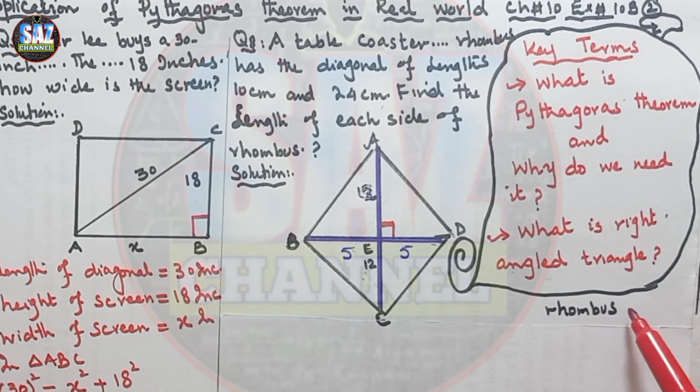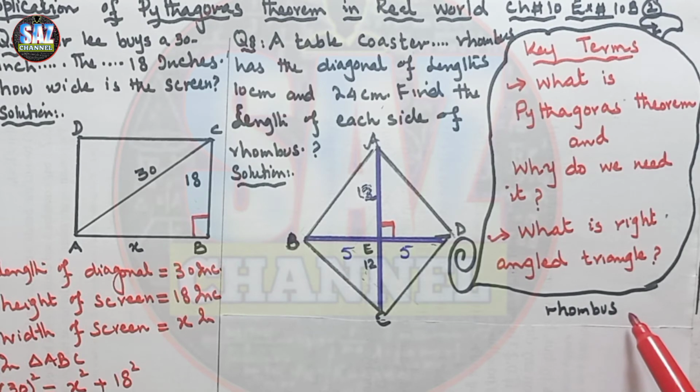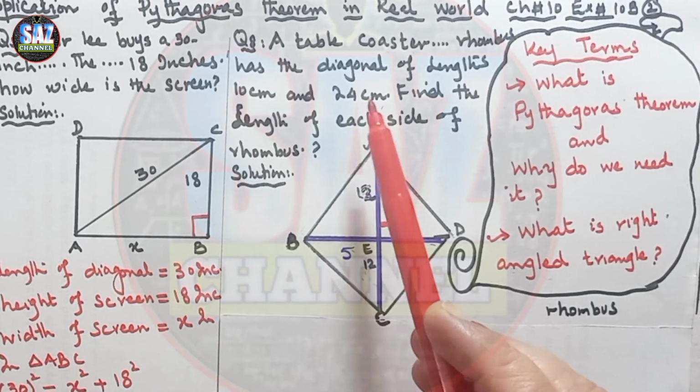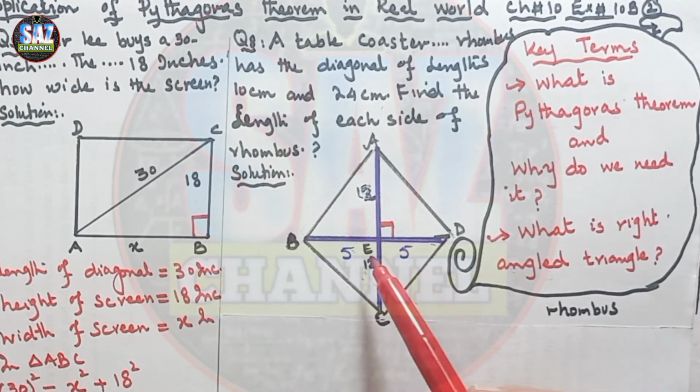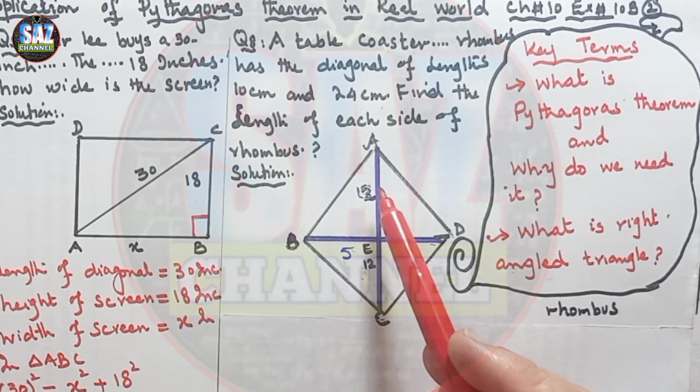A rhombus is a quadrilateral in which all sides are of equal measure and the diagonals of the rhombus bisect each other and they are perpendicular to each other. Now, one of the diagonals is of 10 centimeter and the other diagonal is of 24 centimeters.